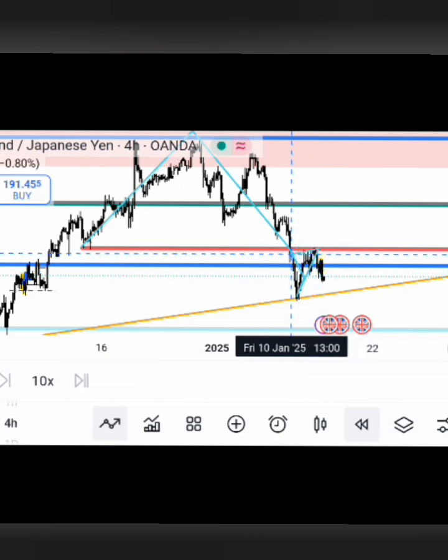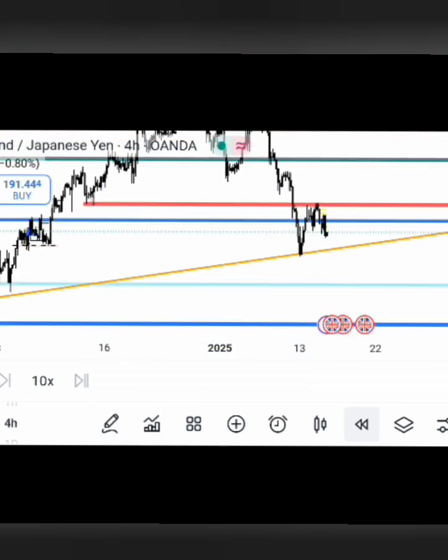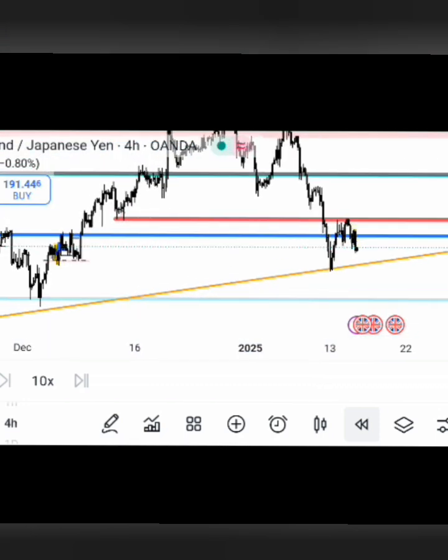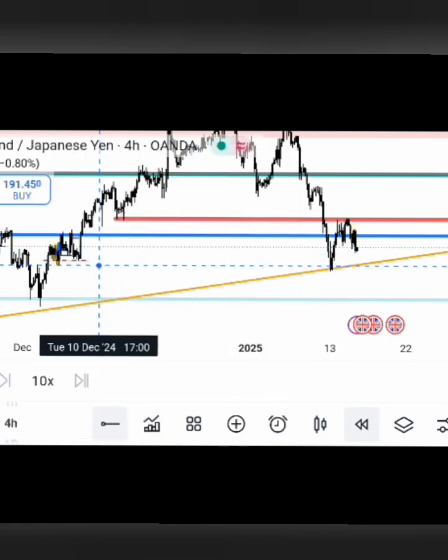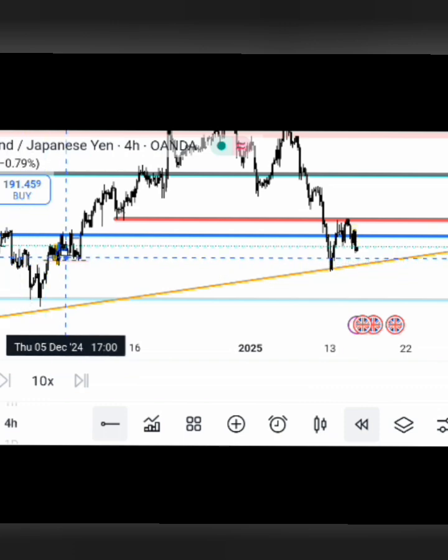So let's see if we can see more turning points that are relevant. So we can see another turning point here. All right, we can see another turning point here and see how relevant that turning point is or worth to the market. Look at it all down here. Good, but let's take it from here because we want to take the immediate.